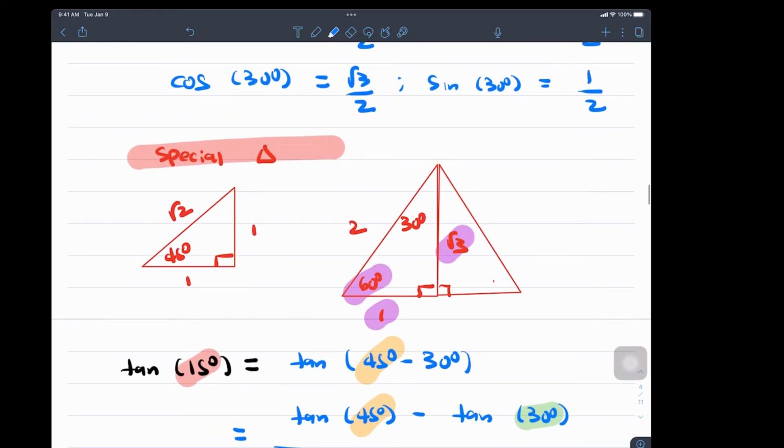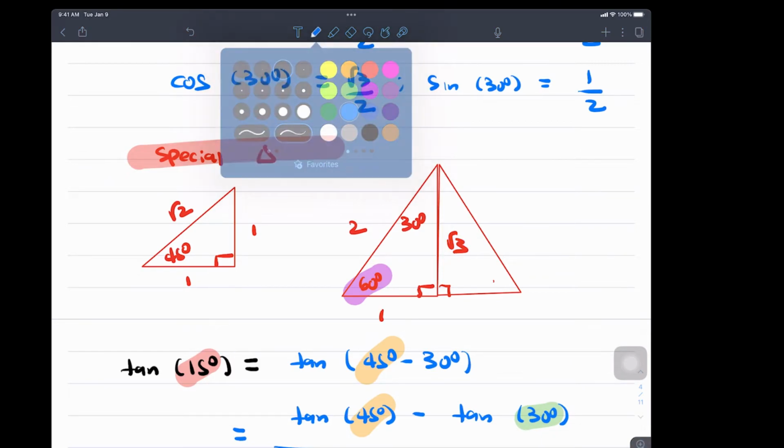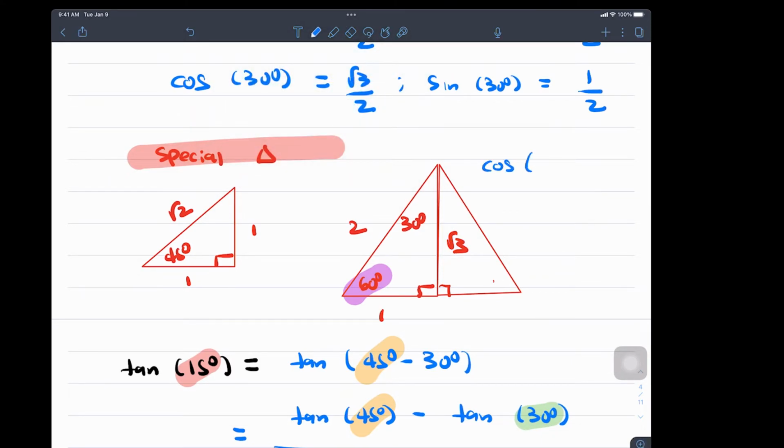So let's do this here. Let's write this down. Cosine of 60 is what? What's cosine 60? Square root of 3 over 2. What's sine of 60? I'm sorry, we're going to make another mistake. Cosine of 60 is 1 over 2, and sine of 60 is square root of 3 over 2. Okay?